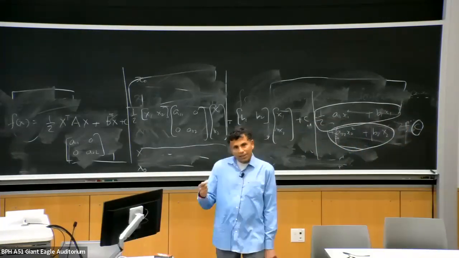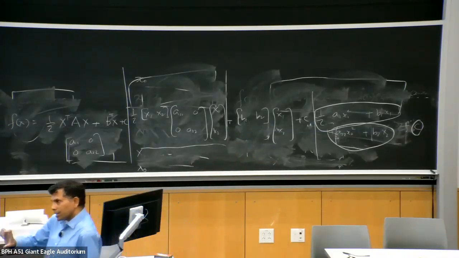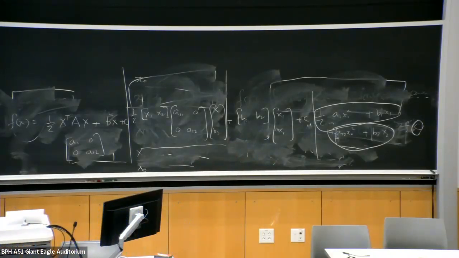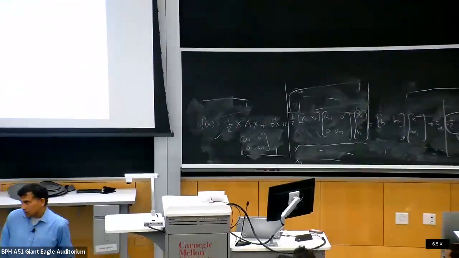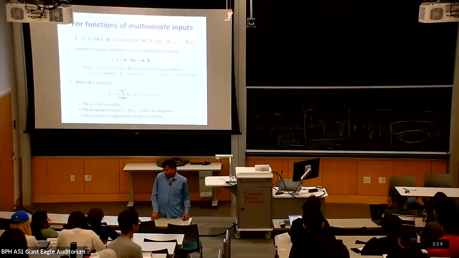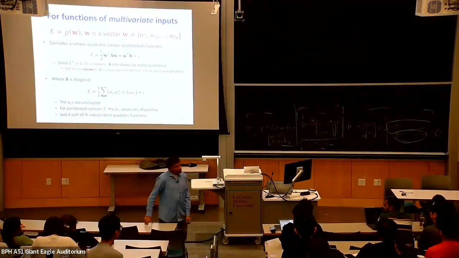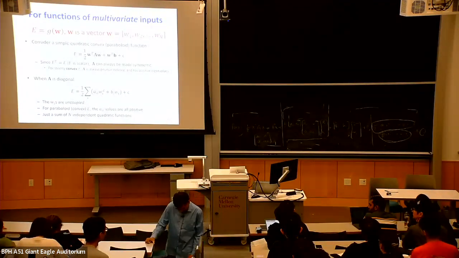If I'm minimizing this, I can minimize each of the quadratics independently because they're just the sum of 2 independent quadratics, right? What is the optimal step size for the first quadratic in x1? 1 over A11. And what's the optimal step size for the second one? 1 over A22, right? And this causes a problem.